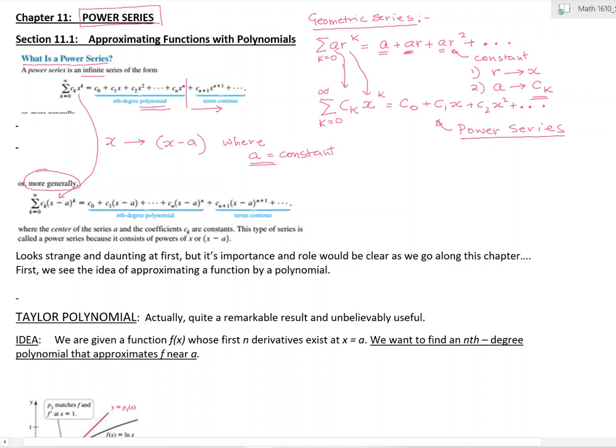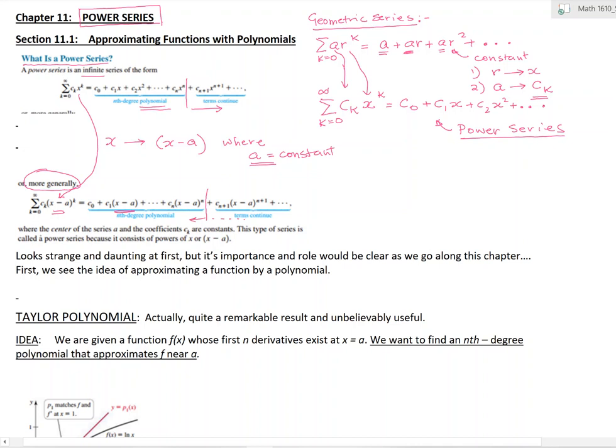Suppose x is replaced by x minus a. Then you get the same looking series as before, but every place where you had x, now you have x minus a, and so on. And the same story holds: if you stop here, you have a polynomial, but if you continue, then it becomes a series.